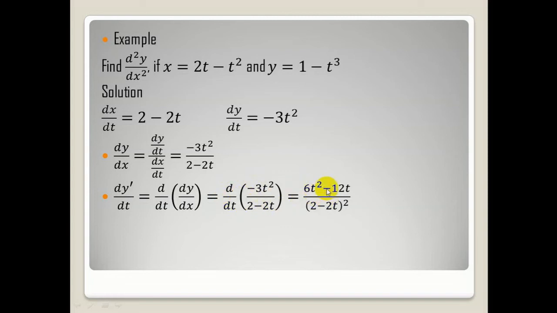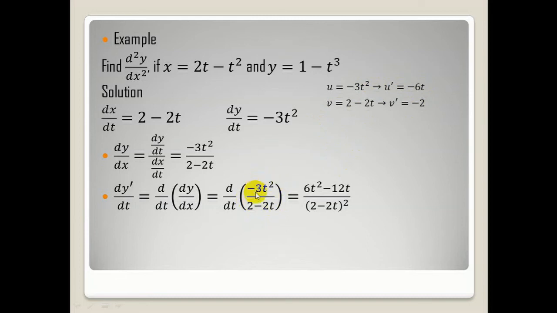But you need to use the quotient rule. Let the numerator be u equal to minus 3t squared, so the derivative u prime is minus 6t. And then v is 2 minus 2t, so its derivative v prime is minus 2.